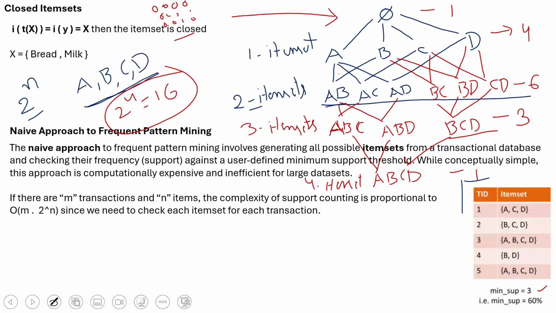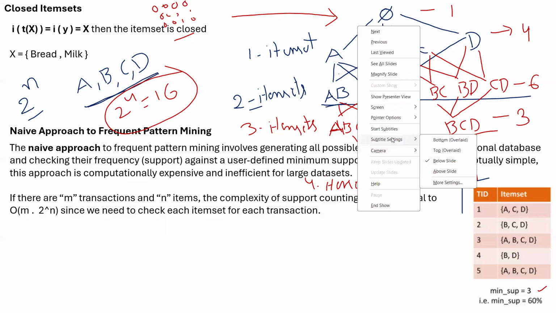What is the support of A? This is the transactional database. This is the item set, one item set. What is the support of it?